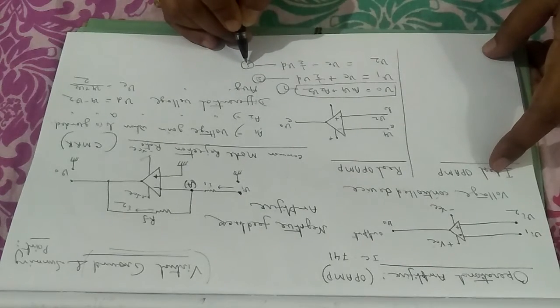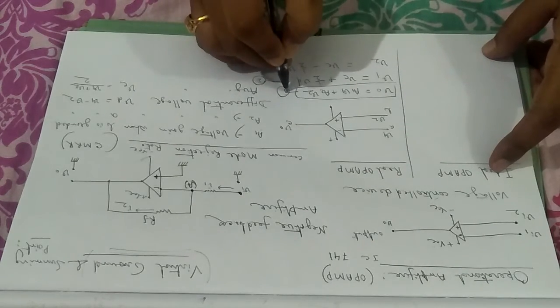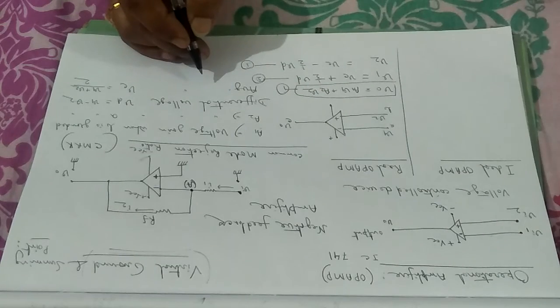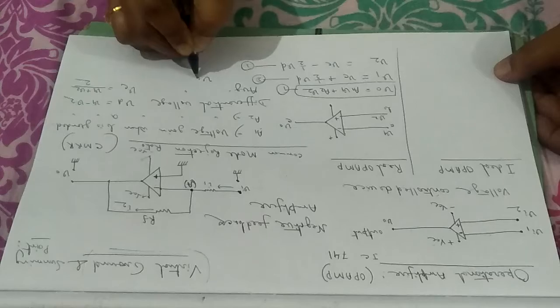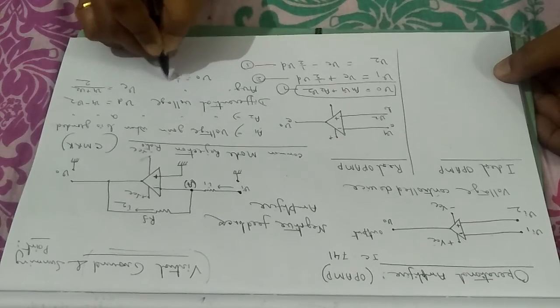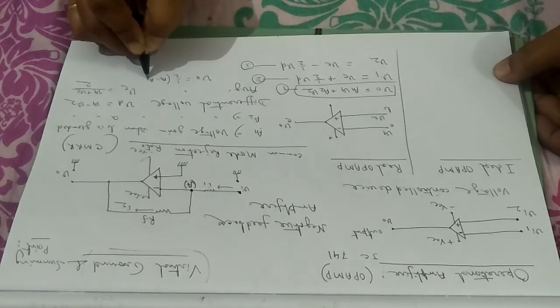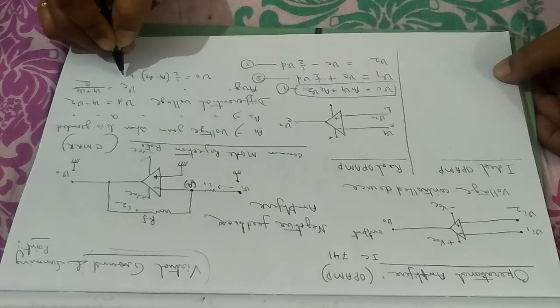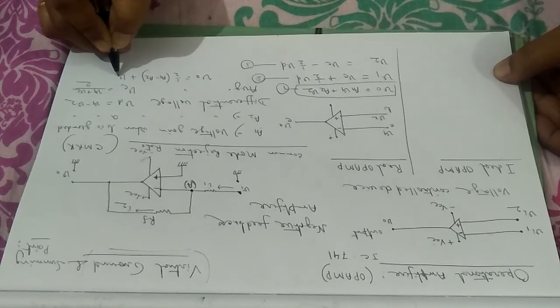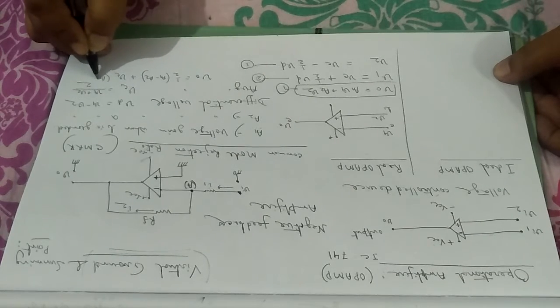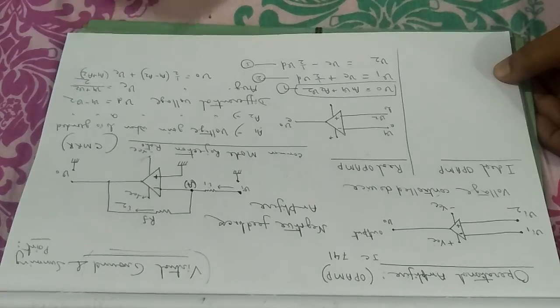So if you apply the values of equation 2 and 3 to equation 1, you will get V0 equals half of (A1 minus A2) times Vd plus Vc times (A1 plus A2).